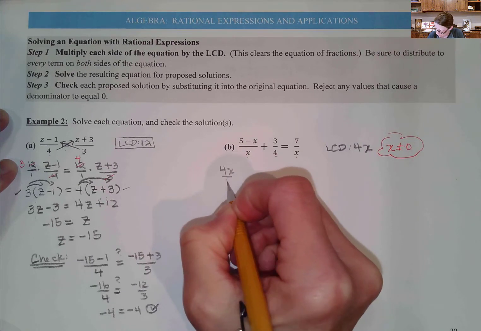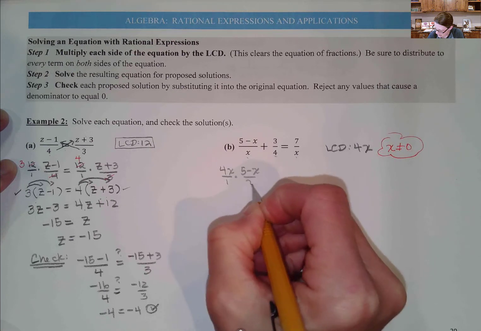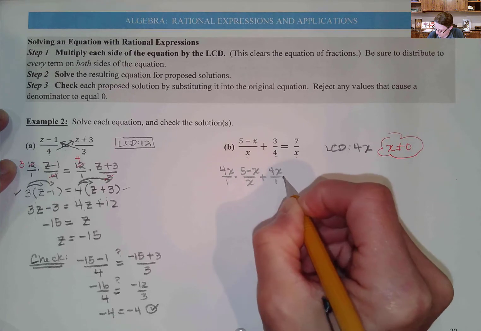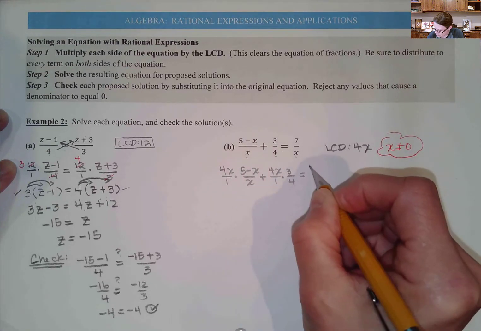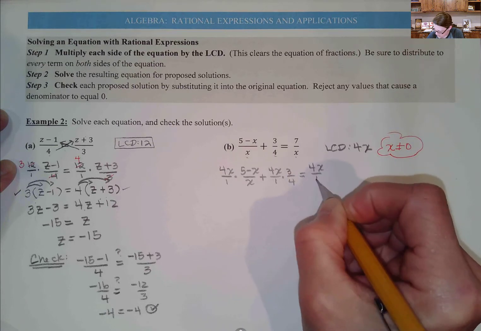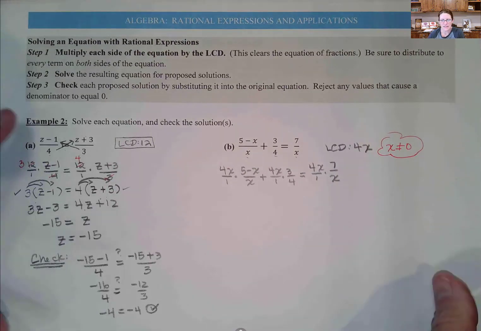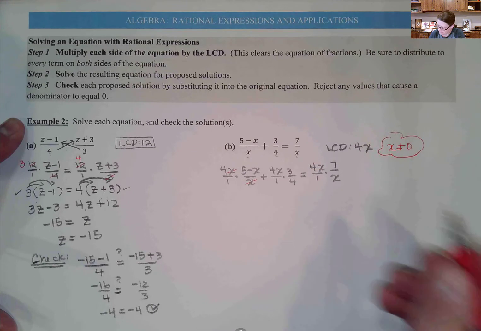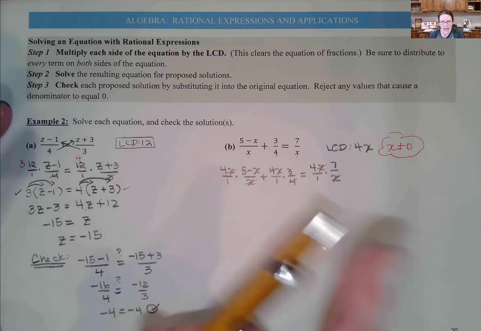I'm going to write this 4x over 1 times (5 minus x) over x plus 4x over 1 times 3 fourths is equal to 4x over 1 times 7 over x. Now let's divide out common factors, divide our x's, divide the 4's, divide out the x's, and let's see what we have here.